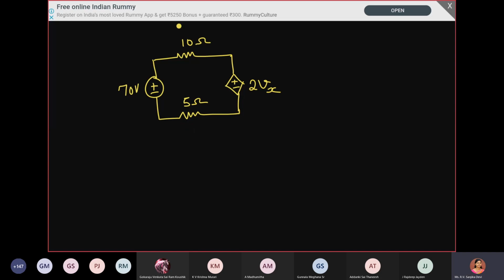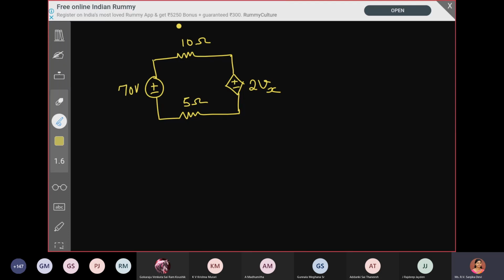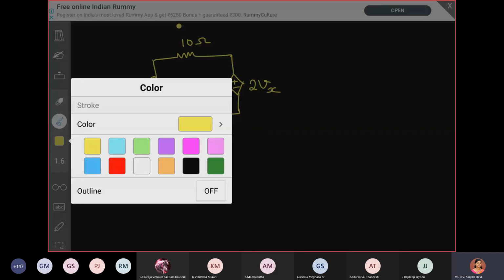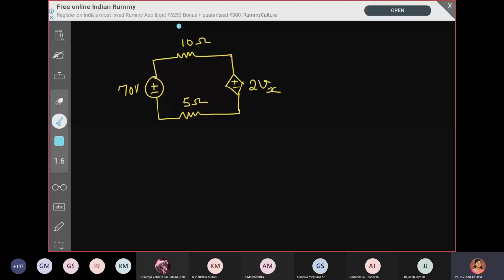Okay, so how we have to write the KVL is that, basically KVL tells us the voltage drop is nothing but a sum of voltages in a closed loop. Here we are having a single loop, and across this loop, if we go, we will be getting different voltages, and if we sum them together, the total voltage should be equal to 0.